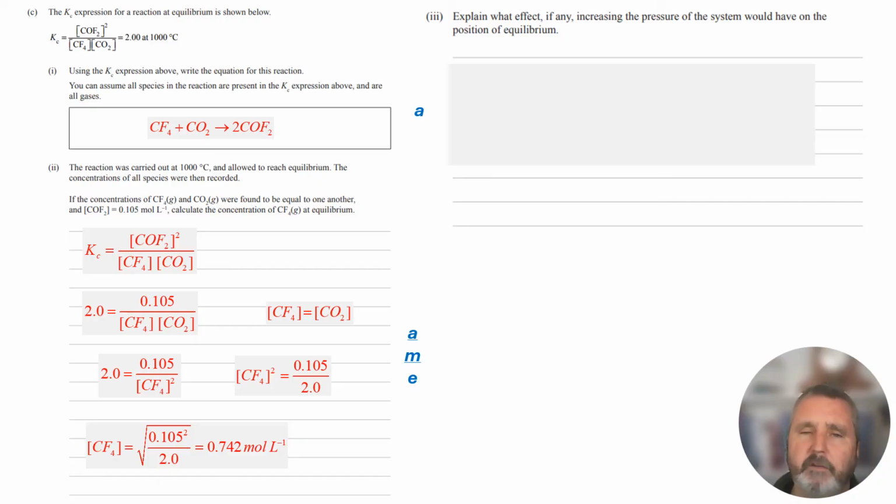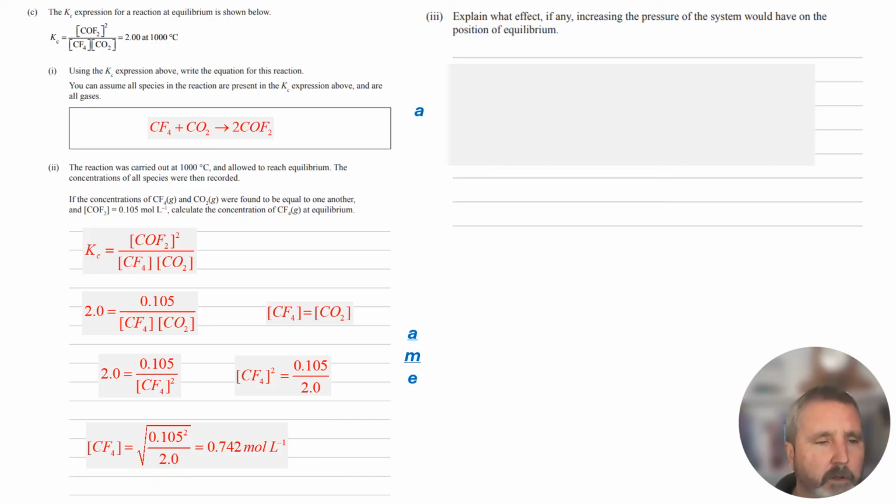Last question is, what would be the effect of increasing the pressure on this system? Okay, so this equation here, we haven't put in the states here, but actually if we look further down, we can see that CF4 is a gas, CO2 is a gas, and we have to assume that COF2 is a gas as well.